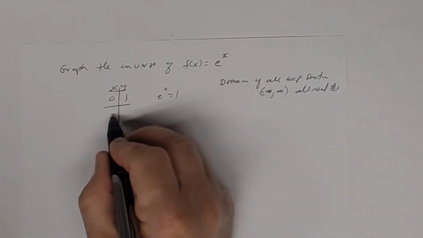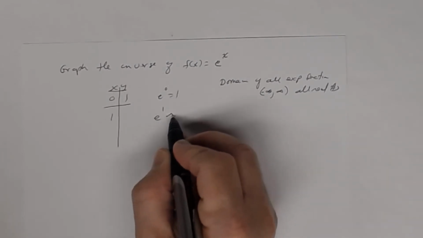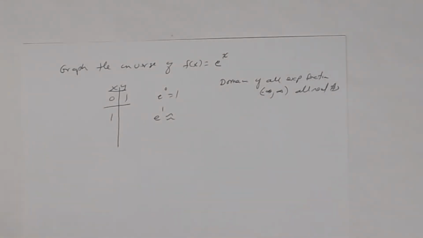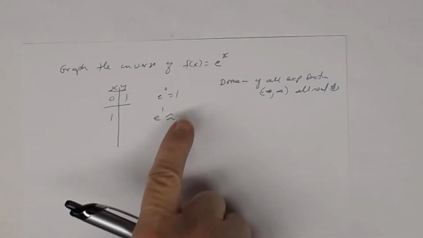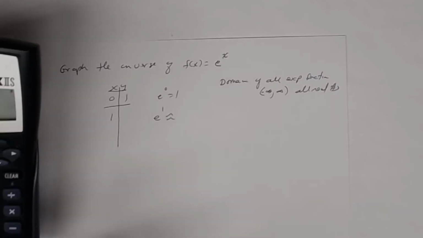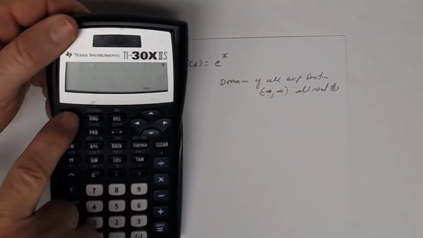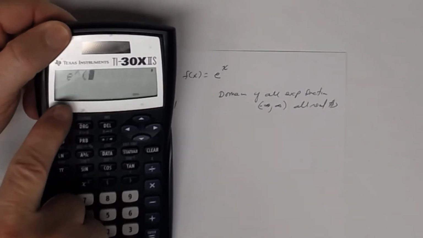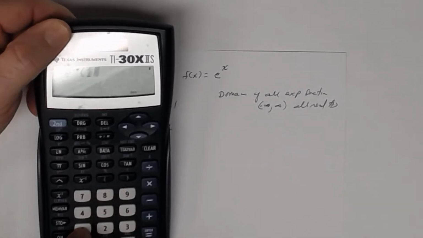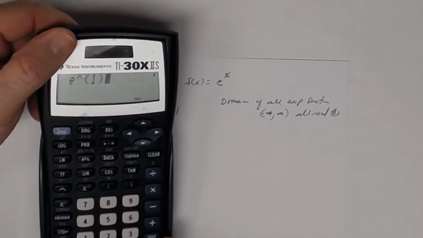If x is 1, I get e to the first power. Let's approximate this. To get the function e, I press second ln, and then I raise it to the first power and close the parentheses.